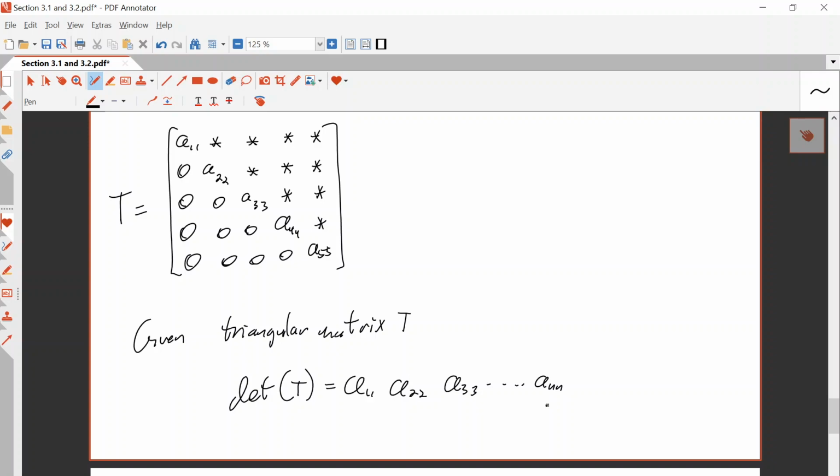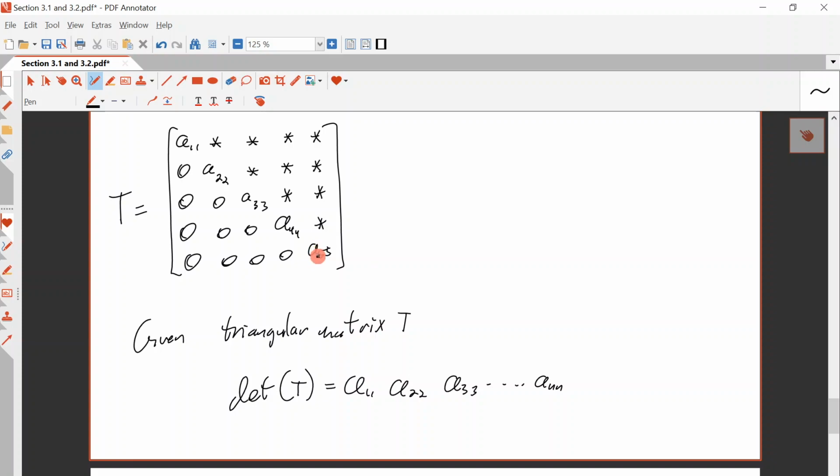And you can see that by doing the cofactor expansion around the last row, right? So the cofactor expansion along the last row, every term is 0 except for maybe the last one.